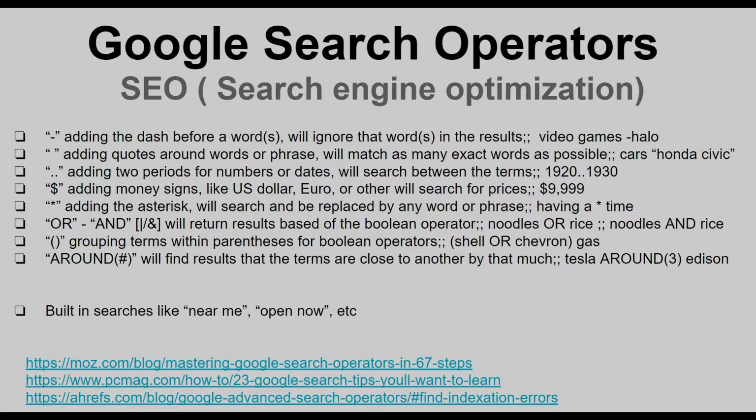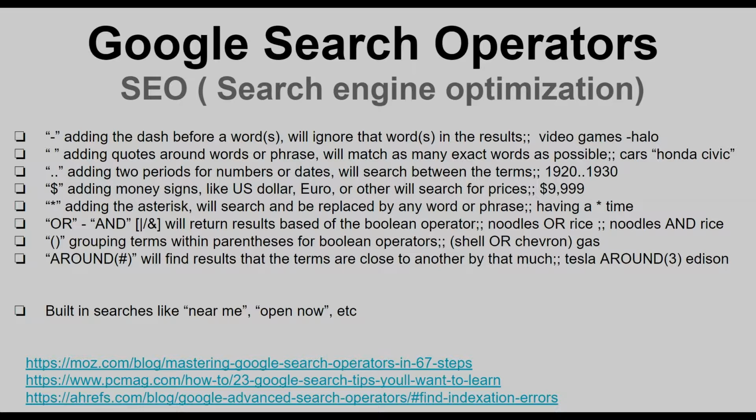And a last one, maybe you guys also know this one, the asterisk. The asterisk will search and it will replace, basically. So let's say you have a phrase, but you want to replace that word with any other word or phrase, you just delete that word and put an asterisk.